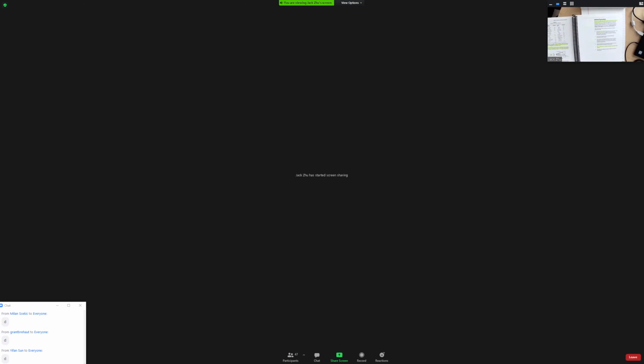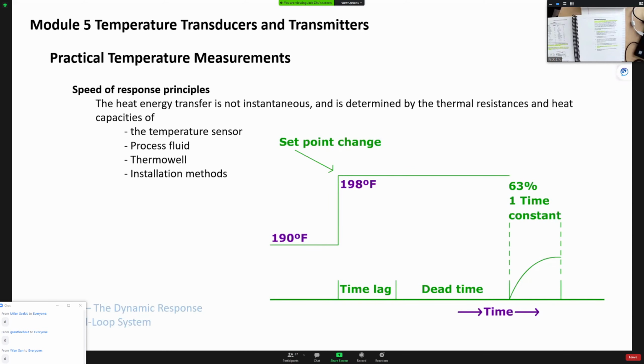We're not going to ask you to figure out how to identify what's the dead time, what's the lagging, what's the pure lagging, those things. But if you know it takes 5 time constants to reach a steady state, I think that's good enough for us as electricians.